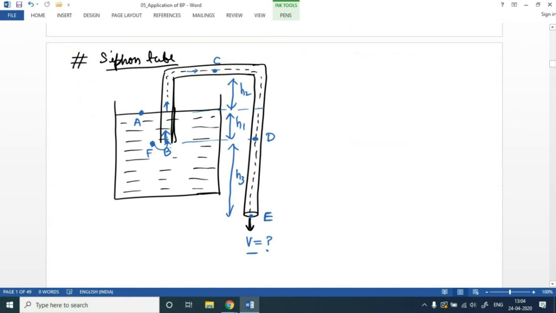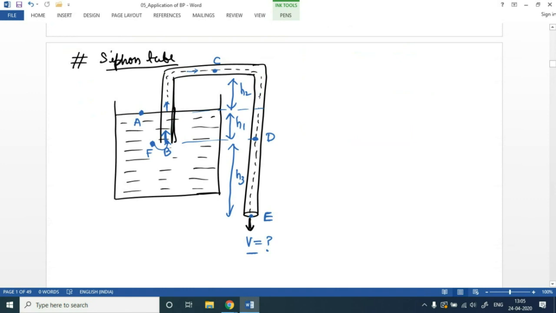So as the liquid moves up, the pressure energy per unit volume decreases, and from here it again starts coming down. The kinetic energy is not changing for the liquid as long as it is moving inside this siphon tube.